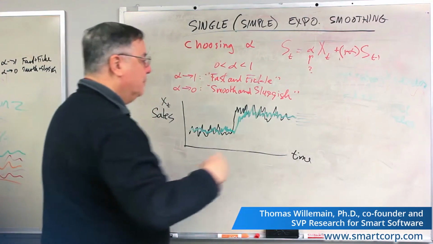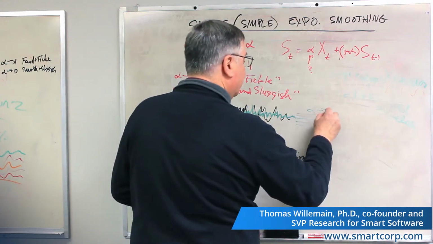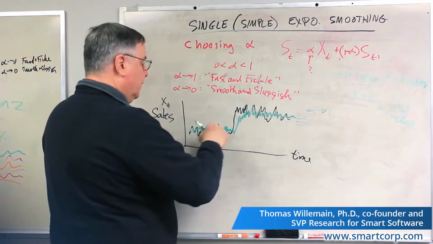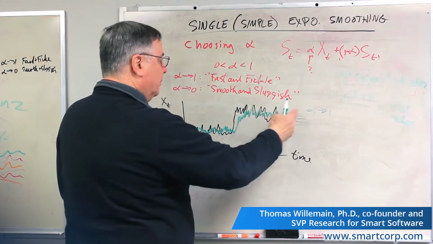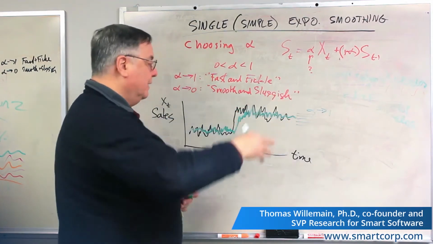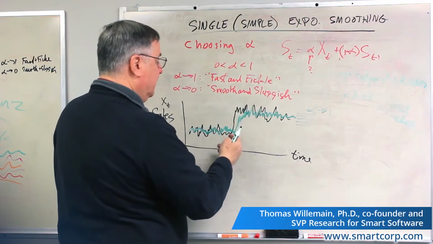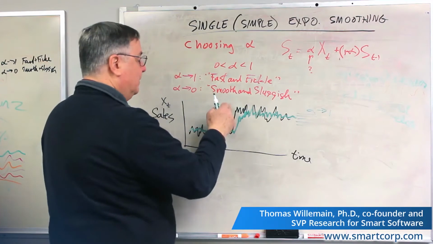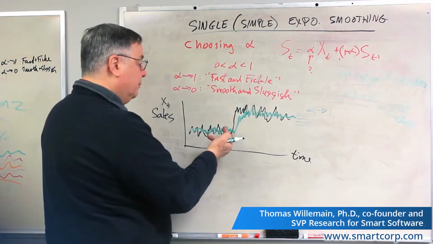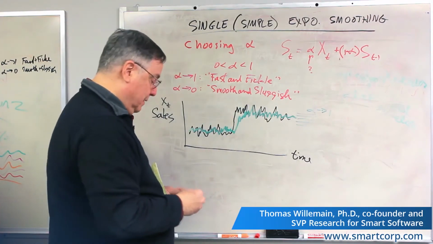So that's what happens when alpha approaches 1. It's fickle in the sense that it's not very stable, and so it keeps changing its mind about where the level is. But if there's a big shift, it reacts to that pretty quickly because it's giving a lot of weight to this black line relative to its own back story.